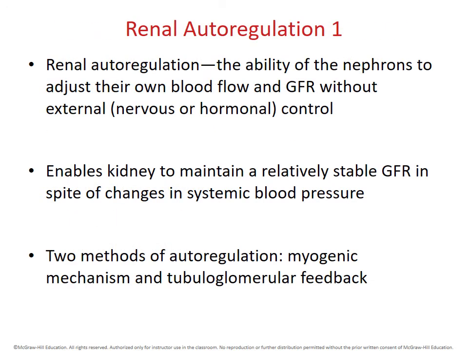All right, we're going to start by discussing renal autoregulation, the first of the three mechanisms. Renal autoregulation refers to the ability of the nephrons to regulate their own blood flow and blood pressure in the glomerulus. So this happens without any extrinsic nerve signals or any extrinsic hormonal signals.